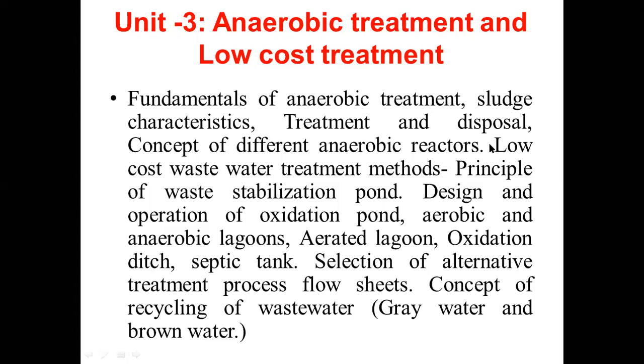Then the last part in this chapter is the selection of alternative treatment processes, flow sheets, and the concept of recycling of wastewater. If it is gray water, what type of treatment process should be used, and if it is brown water?